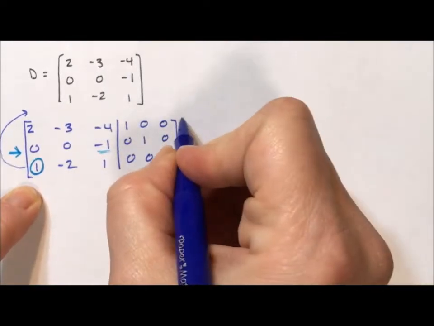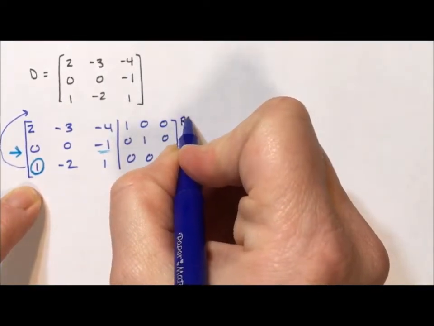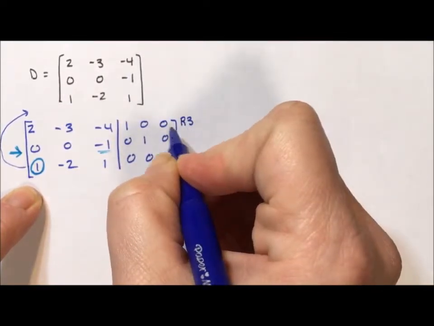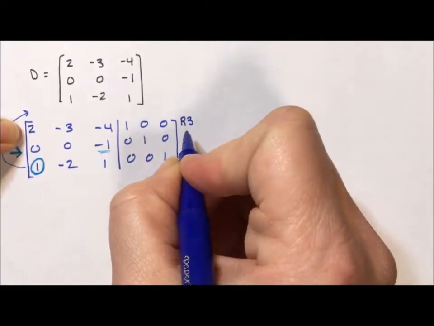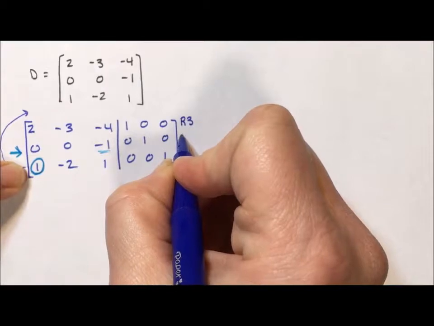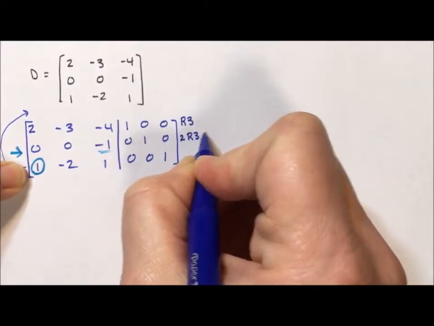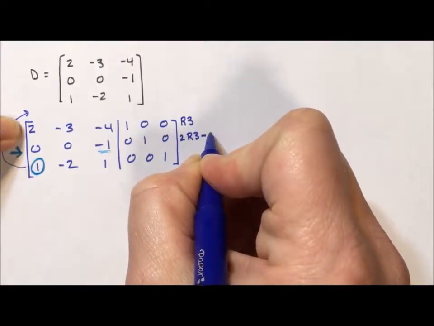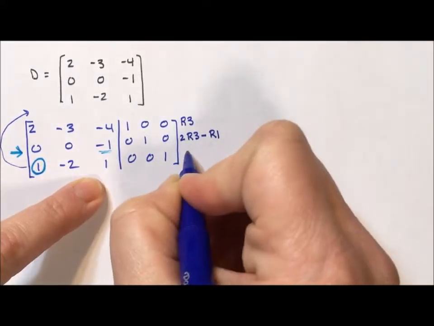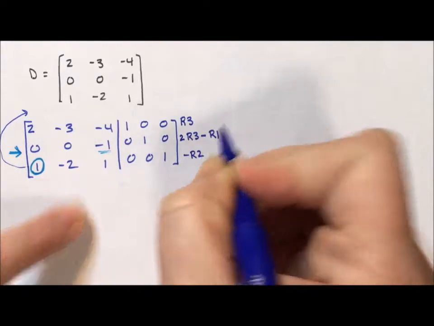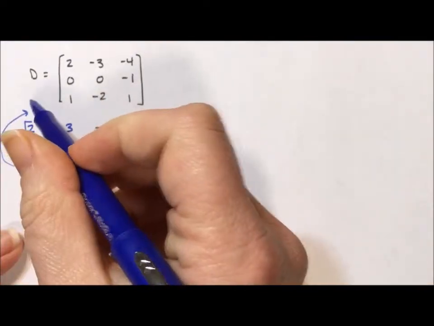So I want to make the first row, row 3. And then the second row is going to be 2 times row 3 minus current row 1. And then we'll bring row 2 down here as a negative row 2. The hardest thing to realize is I'm not moving this right away.